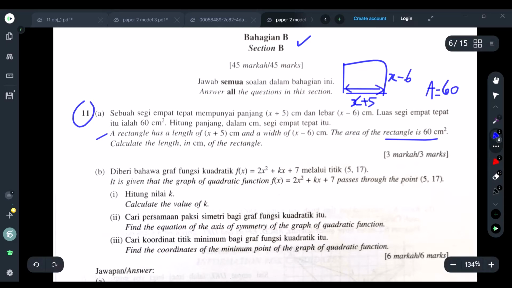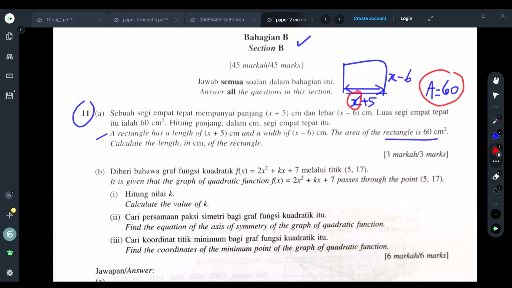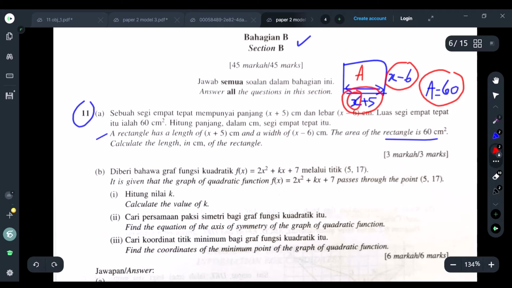So before that, you have to know what your x is. You just use this information. What equals 60? That means the area. You just multiply this one with this one, so you'll get x plus 5 times x minus 6 equal to 60.